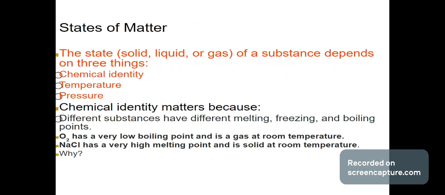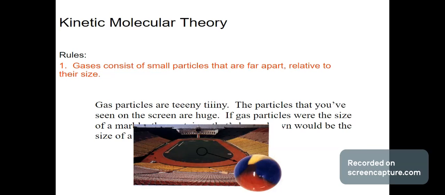So let's look at this further. Gases consist of small particles that are far apart relative to their size. Gas particles are teeny tiny particles; if they were on the screen, they'd be about the size of a marble right here.